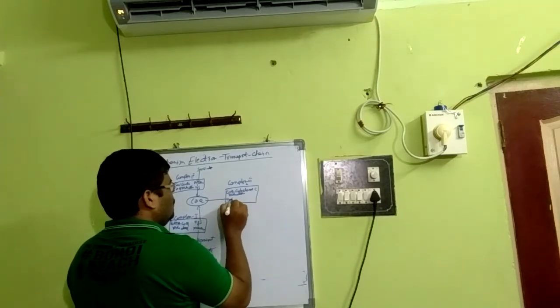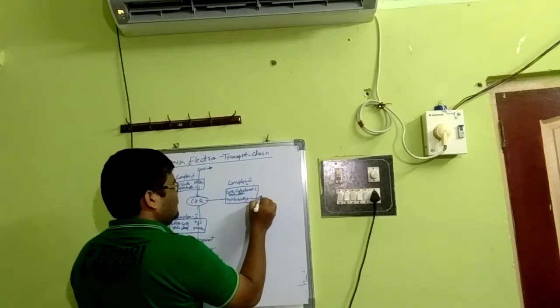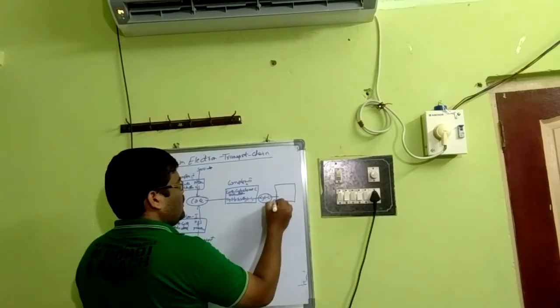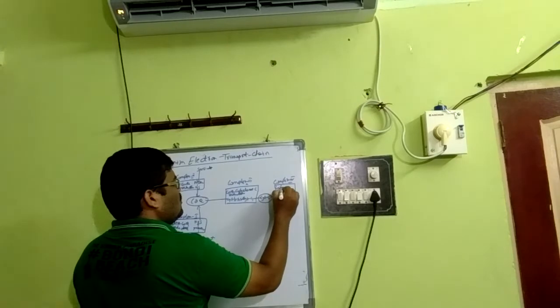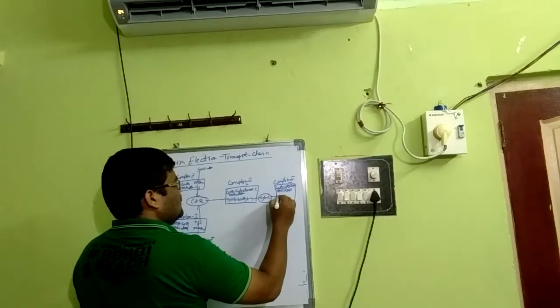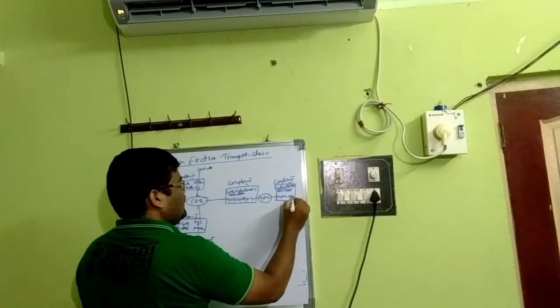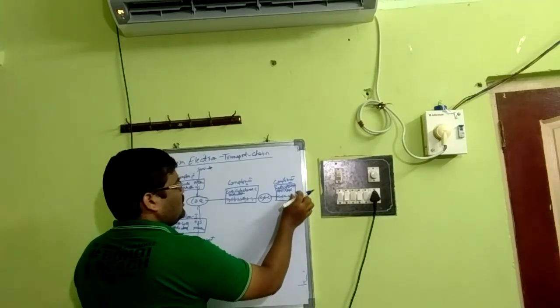Then cytochrome B, then FeS, then cytochrome C1, then cytochrome C. It goes to complex 4, cytochrome oxidase. Yes, cytochrome A, cytochrome A3. That leads to H2O, as I told you, oxygen has to involve A3.